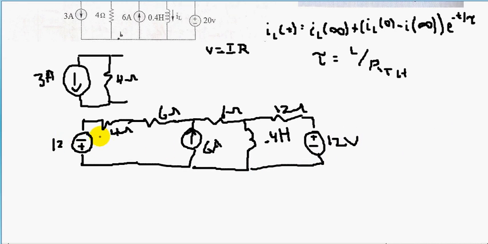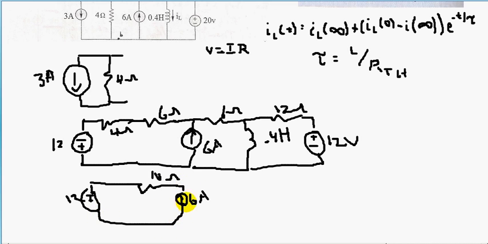Now these resistors are in series, so we can simplify by adding them up. 4 plus 6 is 10. So we have a 10 ohm resistor, and we have this 6 amp current source.